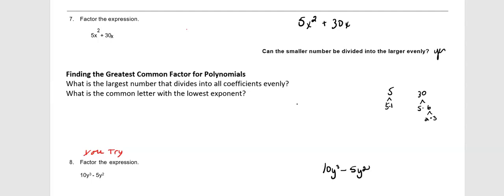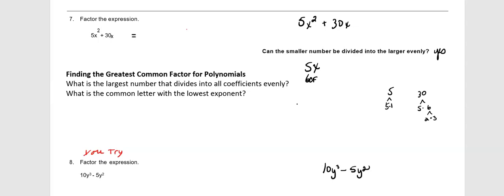Yes. 5 does divide into 30 evenly. So the answer to the first question is simply 5. 5 is the GCF for 5 and 30. Comparing the x squared and the x to the first, the x to the first has the lowest exponent, so our GCF is 5x.